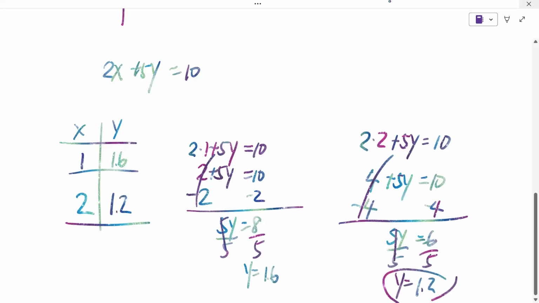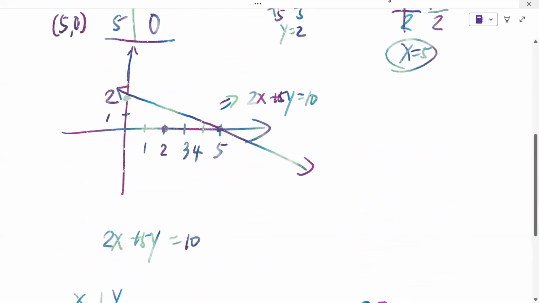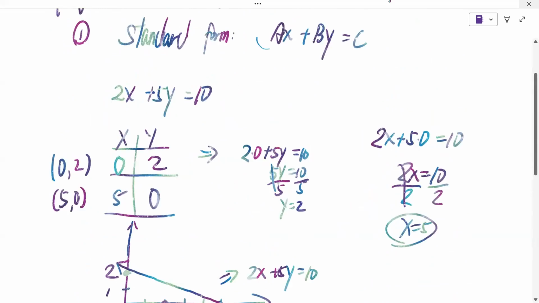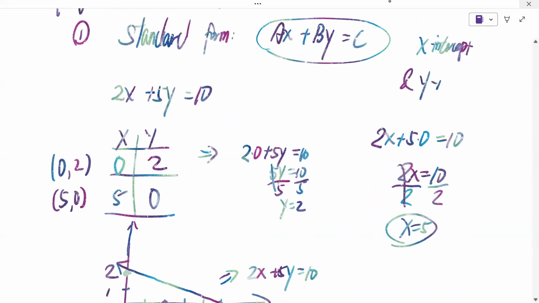Again, we get two ordered pairs, and then we can sketch the graph based on these two ordered pairs. But again, in the standard form, usually the x, y intercepts work best. The x-intercept and y-intercept is the ideal way to graph this.